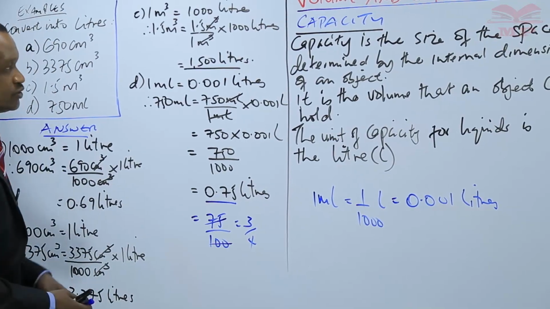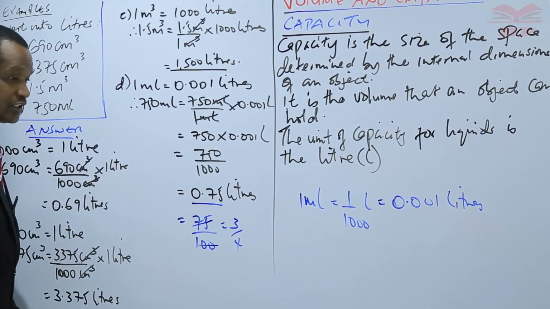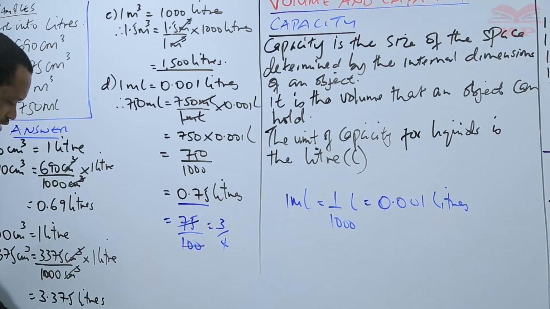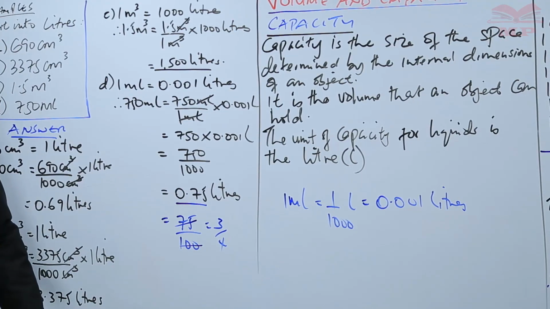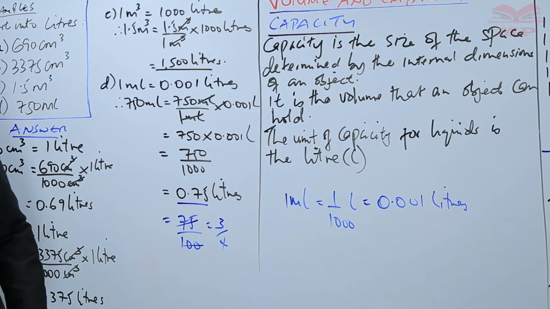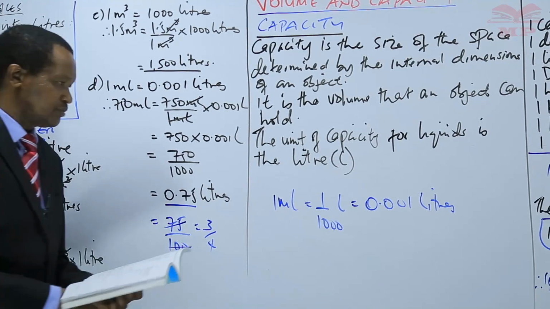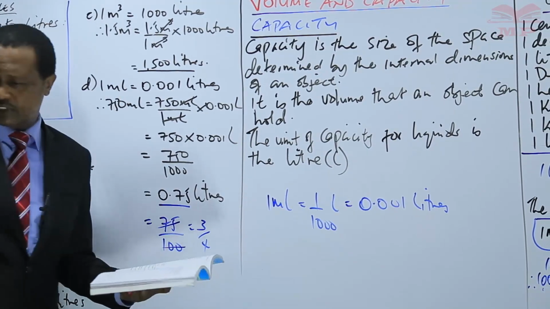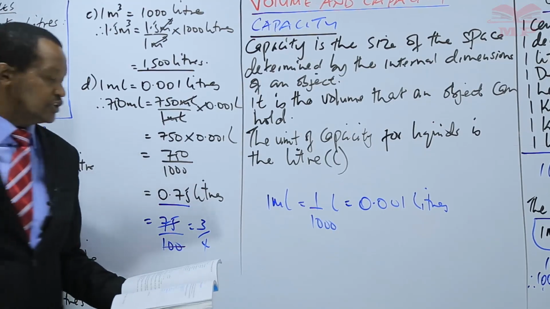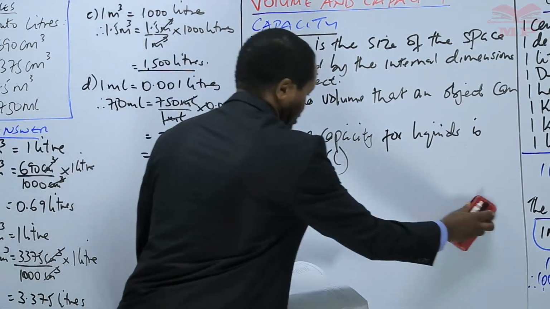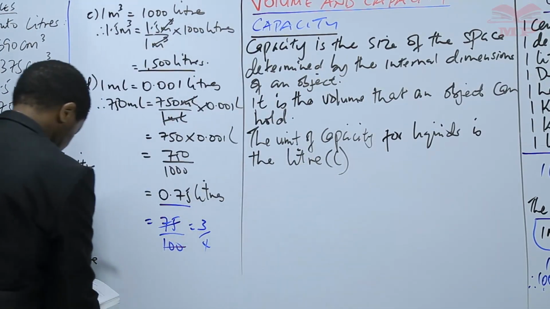I've introduced the lesson. I've defined what capacity is all about, and we worked out some examples together here on the board. I will give you an assignment so that in case you have any problem answering these questions, please feel free to ask. I'll help you solve the questions here on the board.